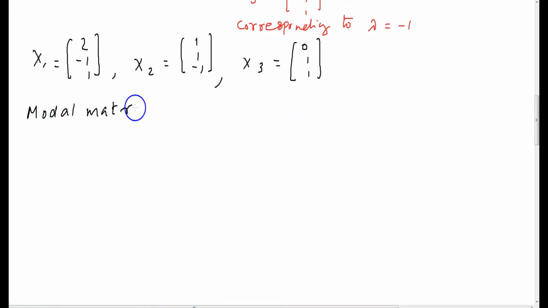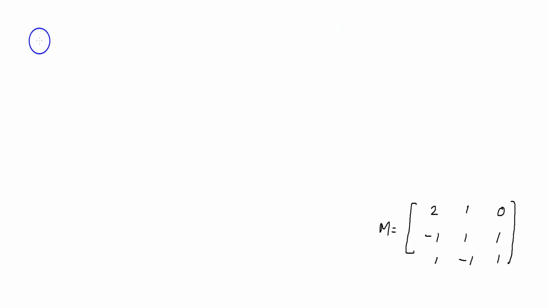Eigenvectors x1, x2, x3 form the modal matrix. Then vector x1 becomes column 1 and vector x2 becomes column 2. Vector x3 becomes column 3 of the modal matrix.